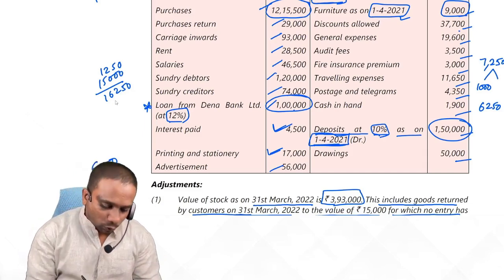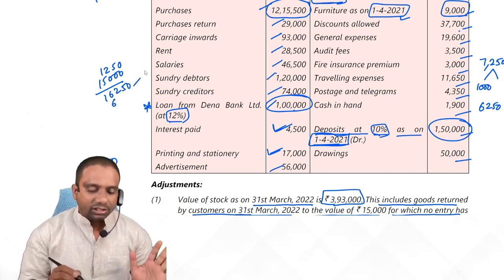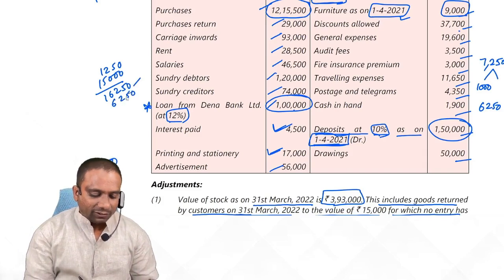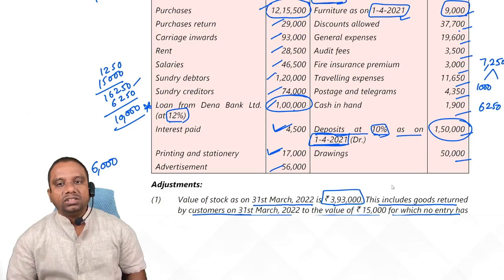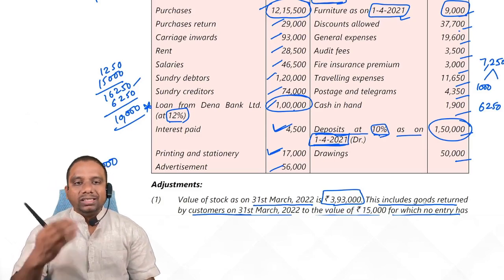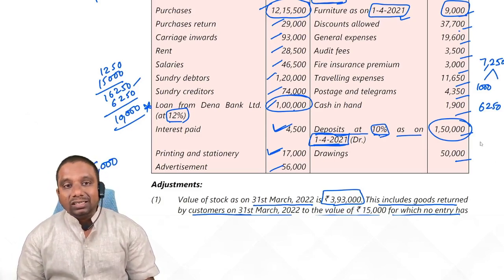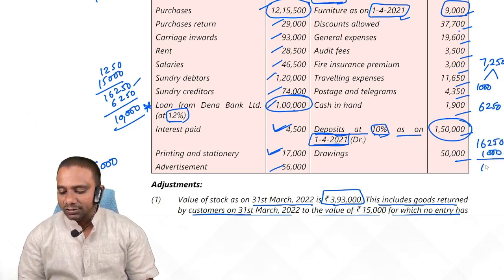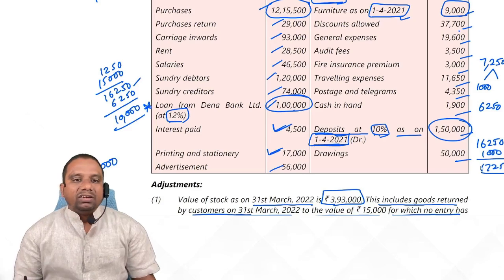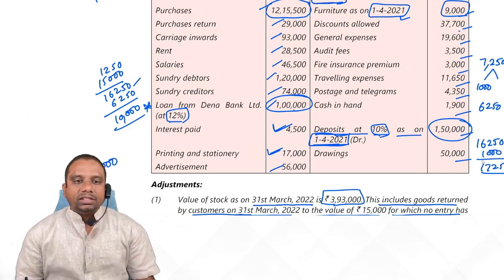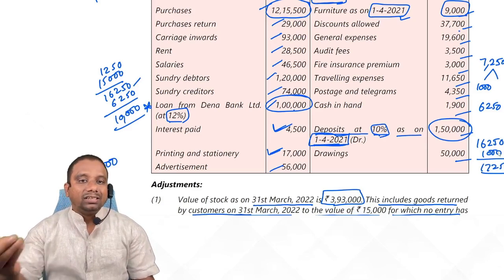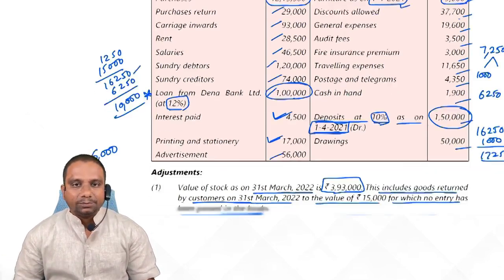Understood, students? So total interest 16,250, received only 6,250, remaining receivable 10,000. We have to do it. So in the P&L account, total interest shown 16,250 plus 1,000 rupees from debtors, 17,250. Is it clear? 10,000 interest receivable, balance sheet asset. Next adjustment.